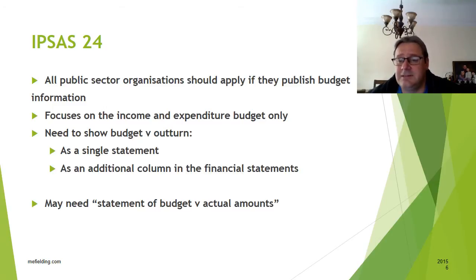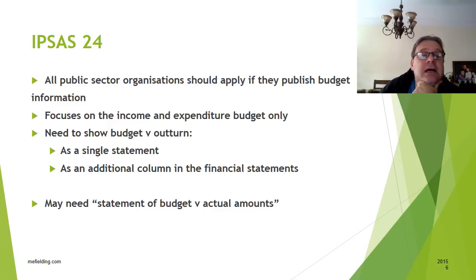What the IPSAS envisages is that you condense this somehow, so you concertina it, so you get it on sort of 1 or 2 pages, because once it's more than 1 or 2 pages, people don't read the damn thing anyway. And so here we go. You can show it either as a single separate statement, or as an additional column in the financial statements.